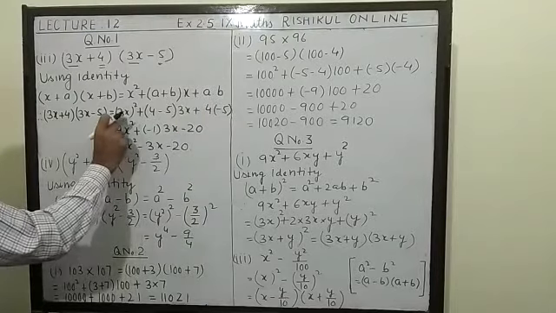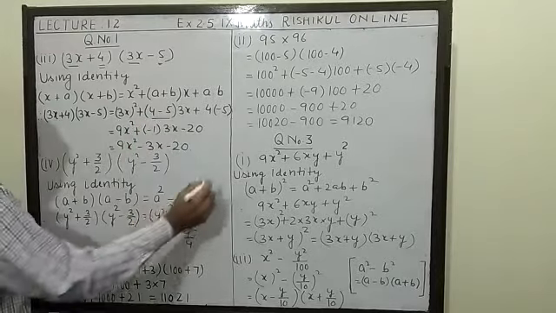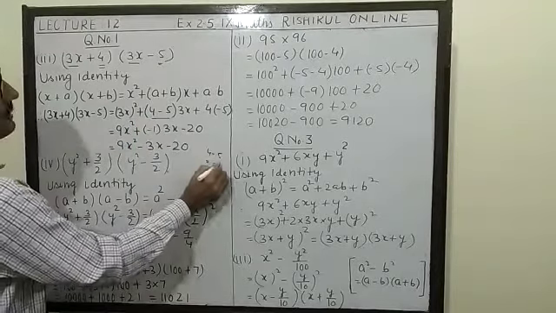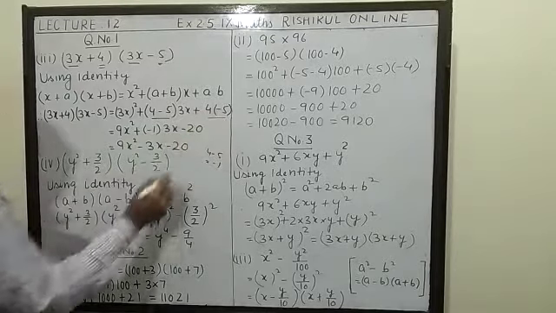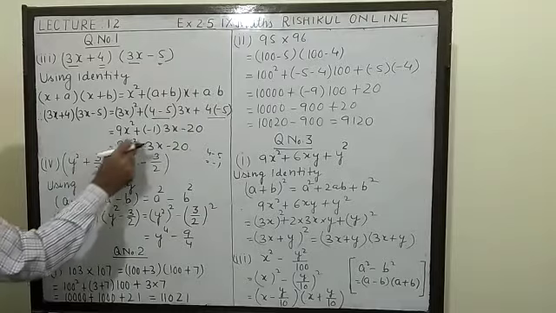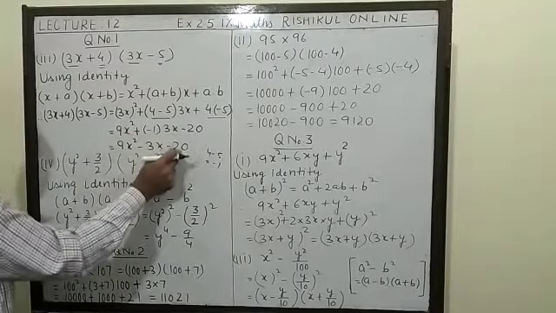So 3 square 9x², then 4 − 5 equals −1, −1 into 3x is −3x, and −20. So 9x² − 3x − 20.